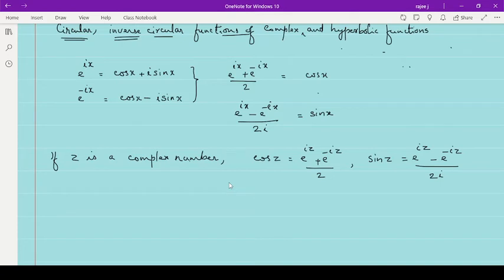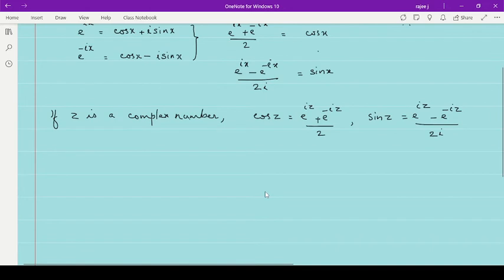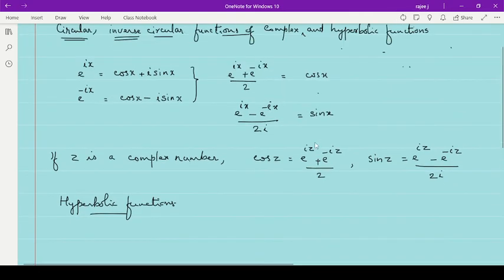Now we will see what hyperbolic functions are. How will you get hyperbolic functions? The method of getting hyperbolic functions is that in e raised to ix, if I replace that x with ix, meaning in e raised to ix, I am replacing x with ix, so e raised to i into ix you will get.